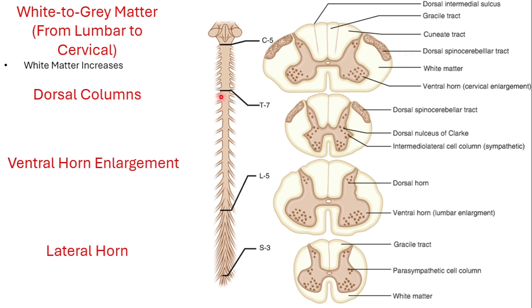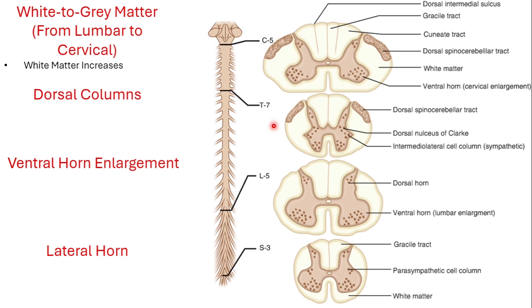Well, because above T7, we have dorsal columns innervating the lower limb, i.e. the gracile tracts, and we have other dorsal columns innervating the upper limb, the cuneate tract, right? But below T7, we are now below the level of the upper limbs, so that's why we only have the dorsal column innervating the lower limb, which is the gracile tract.